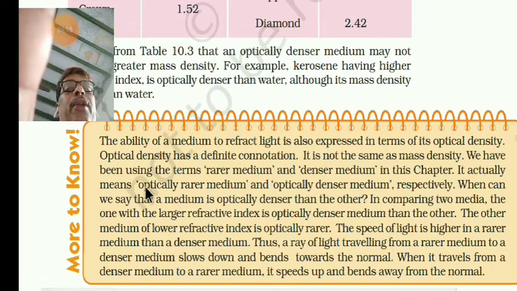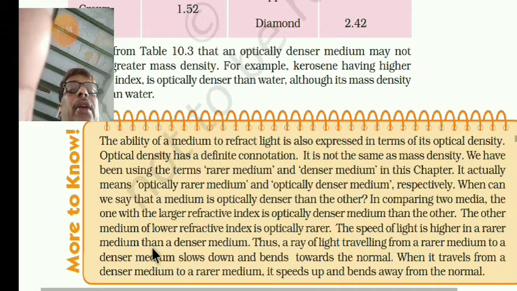We have been using the terms rarer medium and denser medium. You know that rarer medium and denser medium actually mean optically rarer medium and optically denser medium respectively. In comparing two media, the one with the larger refractive index is optically denser than the other.